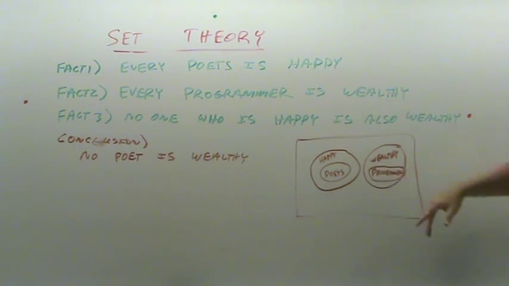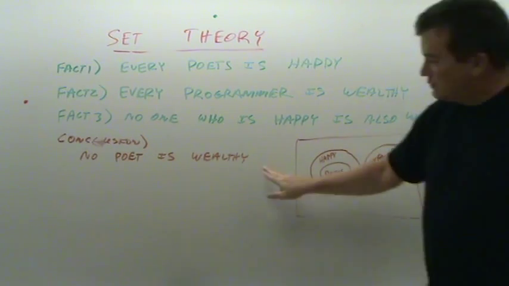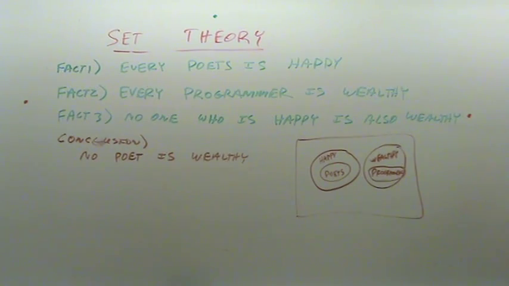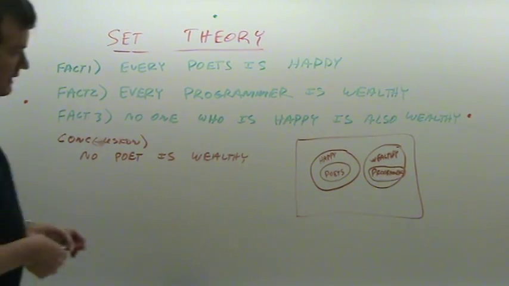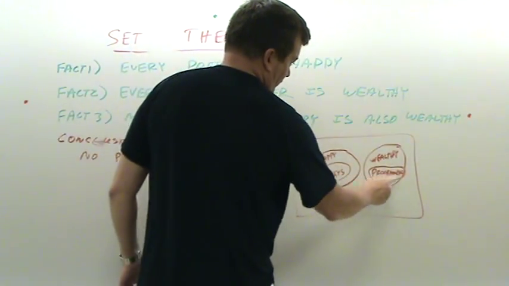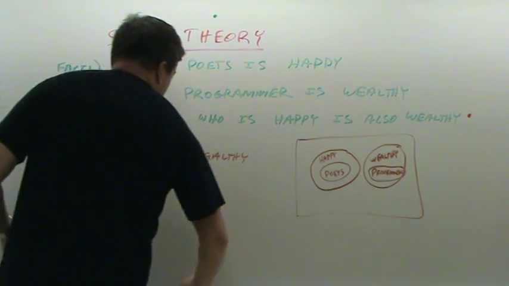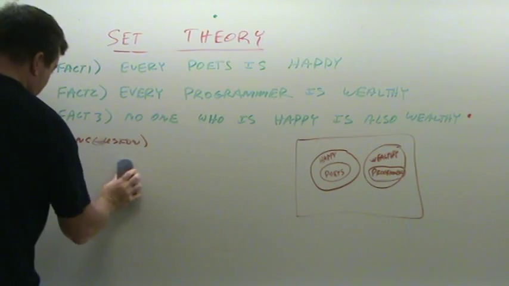I'm not saying these are actually true. If these three were true, this would then be true. And again, it comes down to the set theory. What would be another conclusion we could ask? Programmers are happy people? No, that wouldn't be true, because none of them are happy. And then the question: can a person be a poet and a programmer?